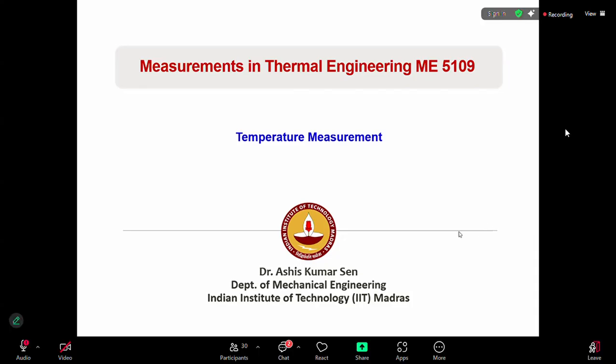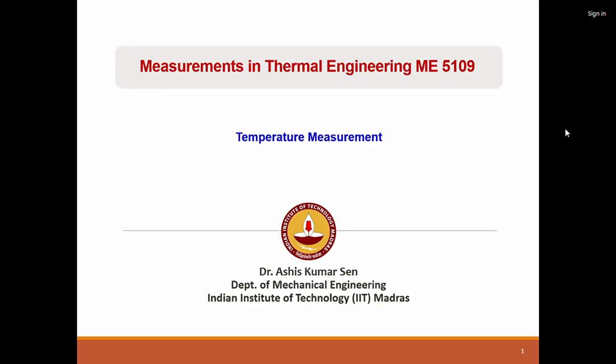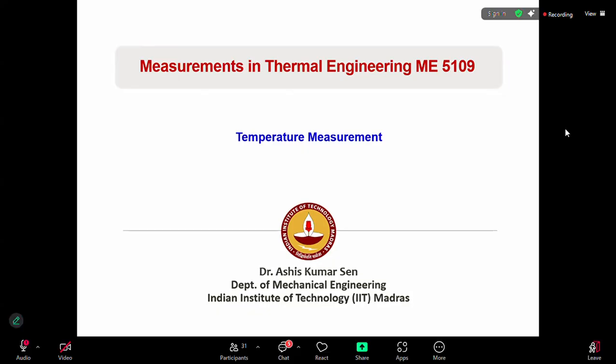So I will next talk about temperature measurement. In fact, we are going to talk about measurement of various physical quantities, starting with temperature and then pressure, flow rate, and other thermophysical properties. Temperature measurement is very important for various applications, from daily life to industrial application.